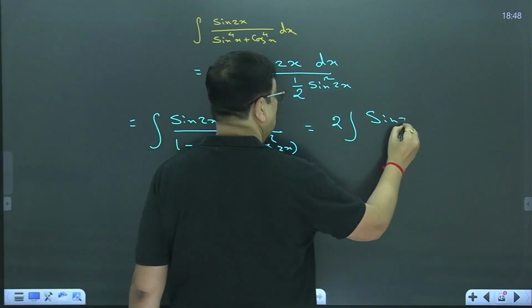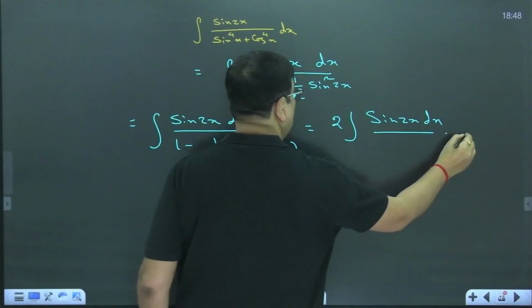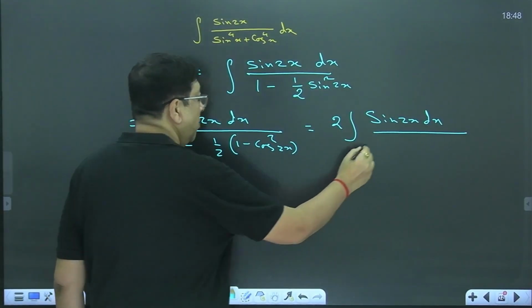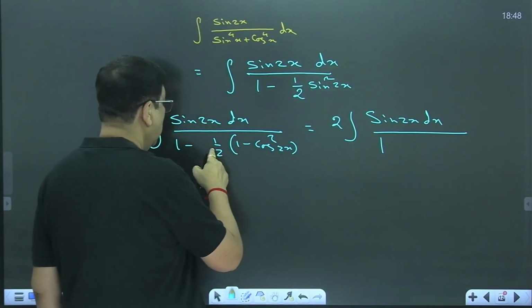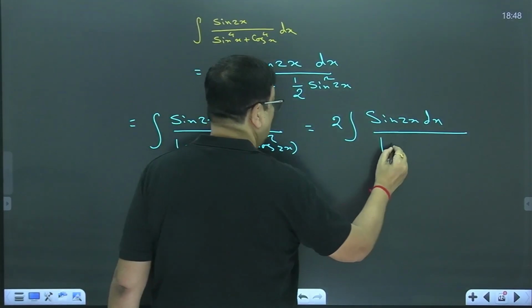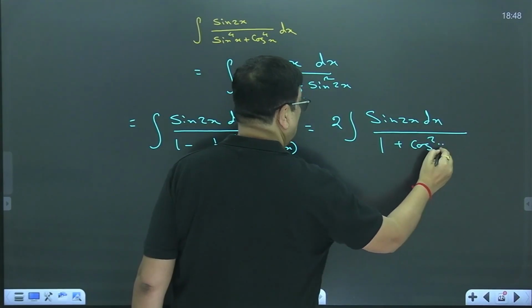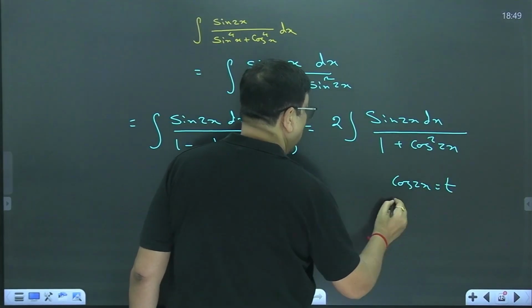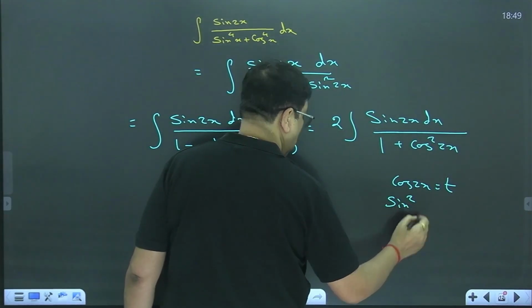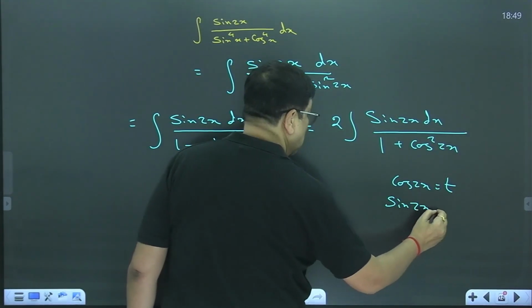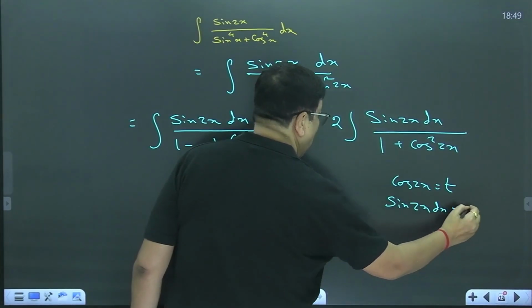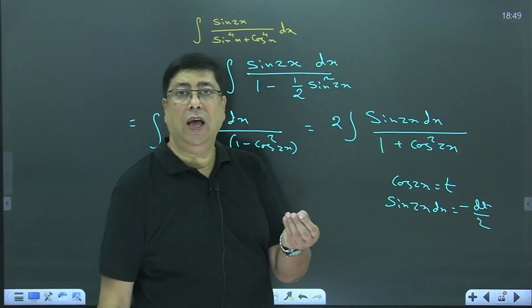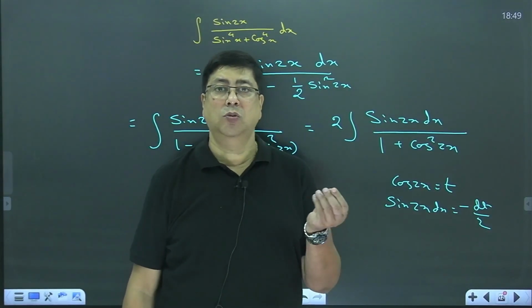We are getting sine 2x dx, and in the denominator, 2 minus 1 is coming to be 1, and then plus cos square 2x. If I take cos 2x equal to t, that is sine 2x dx equal to minus dt by 2, because the differential of cos 2x is minus 2 sine 2x.